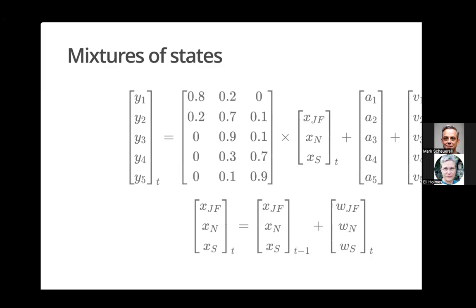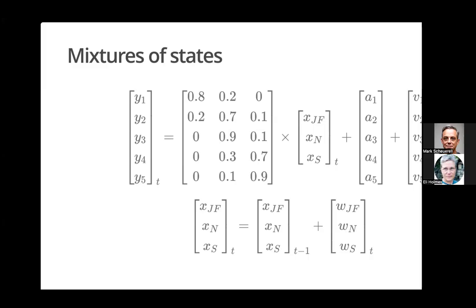Every row of this matrix, the way I've written it, has to sum to 1. So this would be a perfectly adequate time series model. It seems completely reasonable to me.